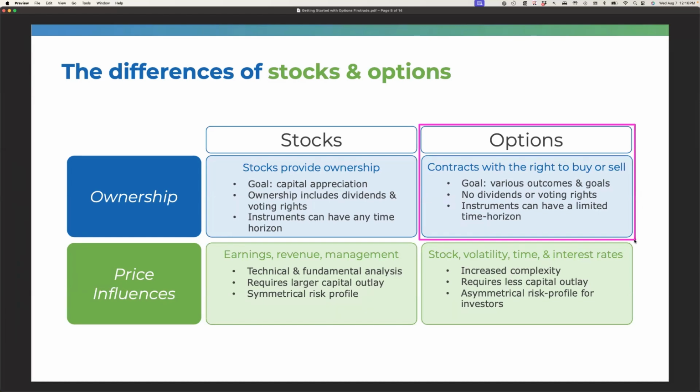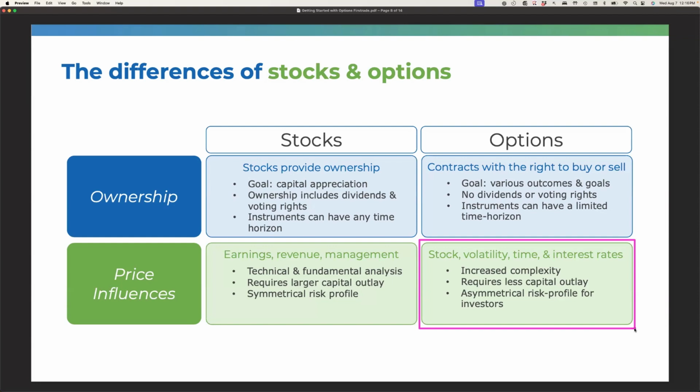So the things that influence the price of a stock will influence the price of an option, but options also have added price influences because volatility, how much time is left between now and the expiration date of the option contract, and even interest rates will have an influence on the value of the option, right?